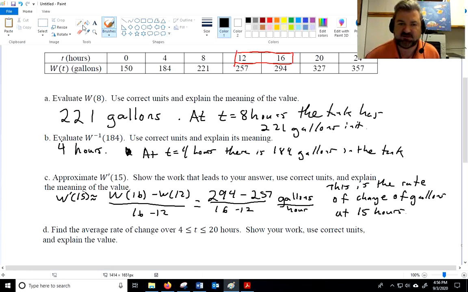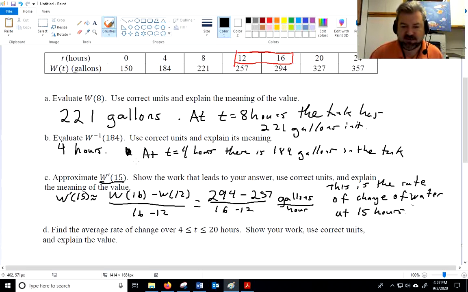Let's not say gallons, let's say rate of change of water. If you want to say rate of change of water in gallons per hour, fine, but we already put it right there. But that's what you say every time. If they ask you, what does this mean? The derivative. What is the derivative? It is the rate of change of W. What is W? Water. Rate of change of water at 15 hours.